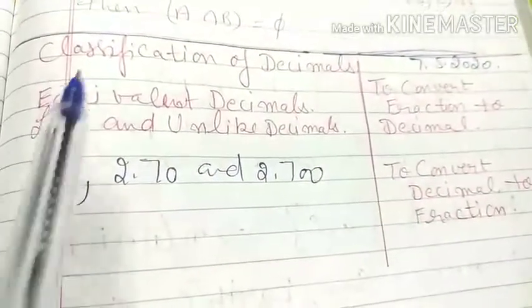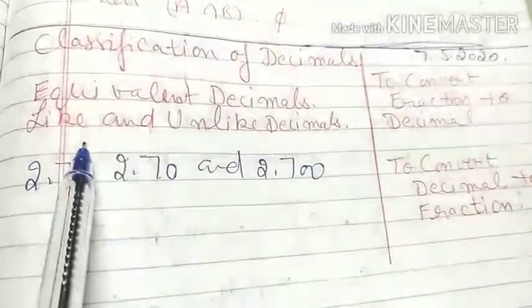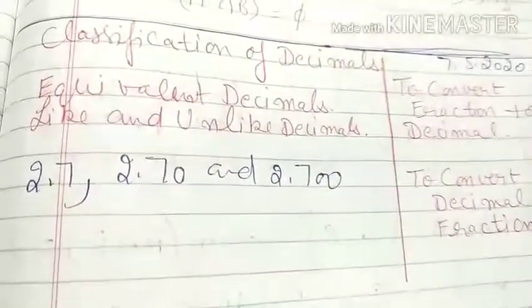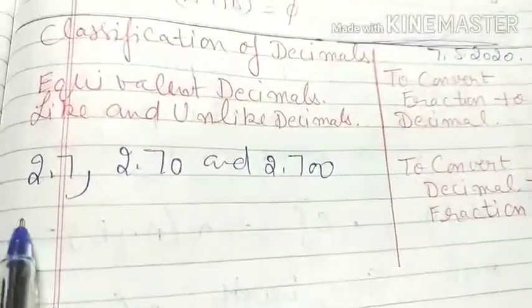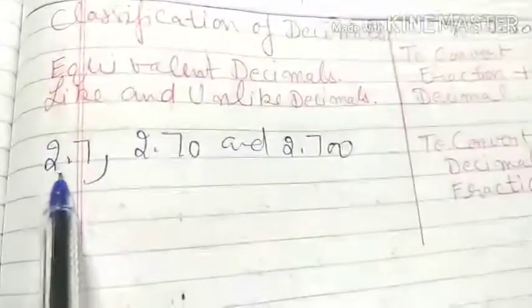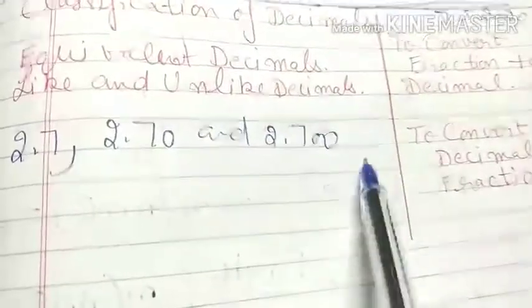There are basically two types of decimals: equivalent decimals, and like and unlike decimals. Equivalent decimals are those decimals having the same value. Like I have the numbers 2.7, 2.70 and 2.700.